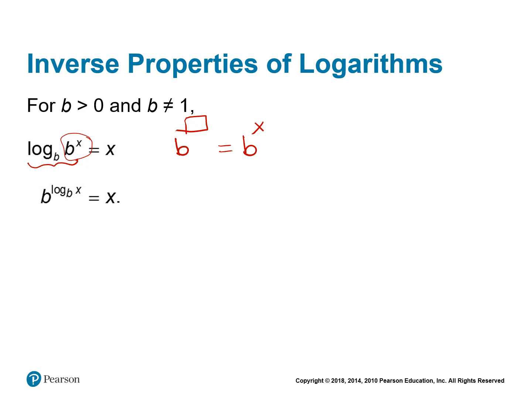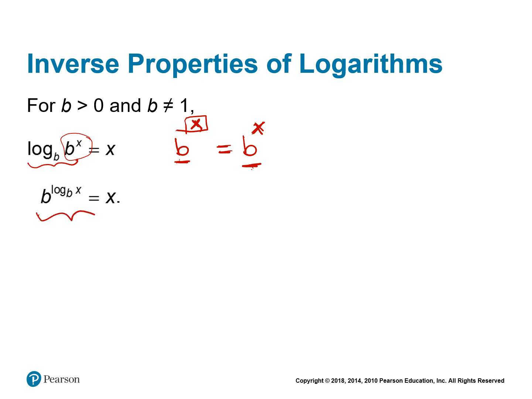All right, we have the same base here. All right, we have an equal sign. If the right hand side of the equation has an exponent of x, then because this is an equality, the left hand side must also be the same exponent, because both the bases are the same, right? And that's exactly what they say here. Log base b of b to the power x equals x.